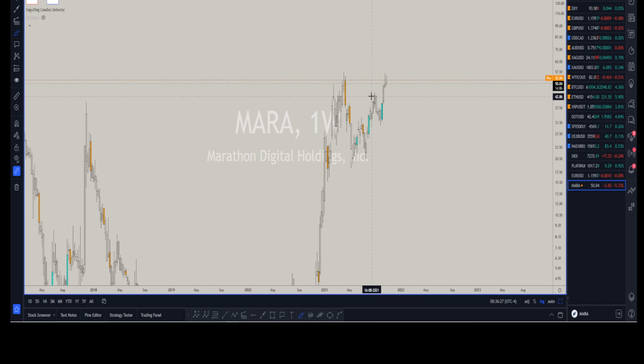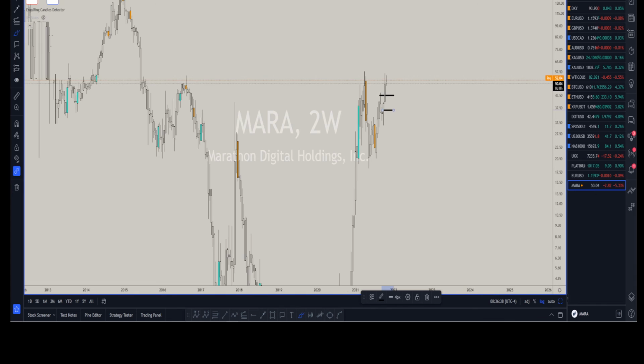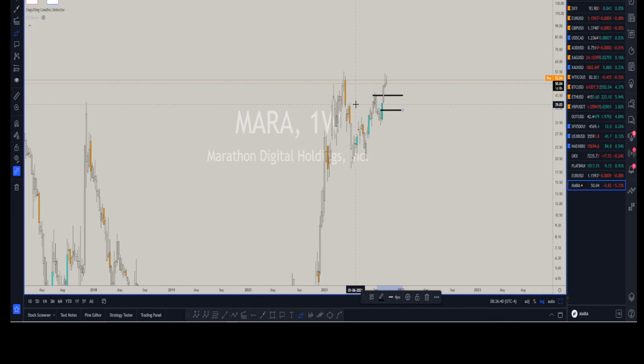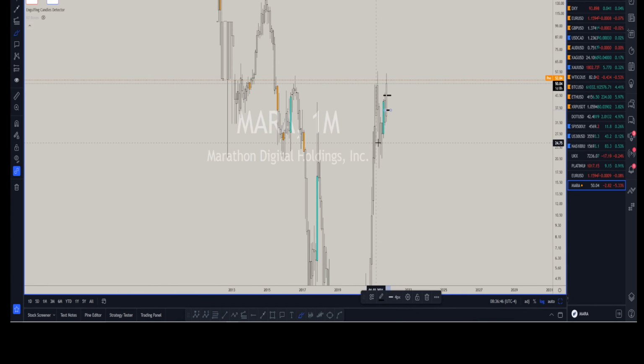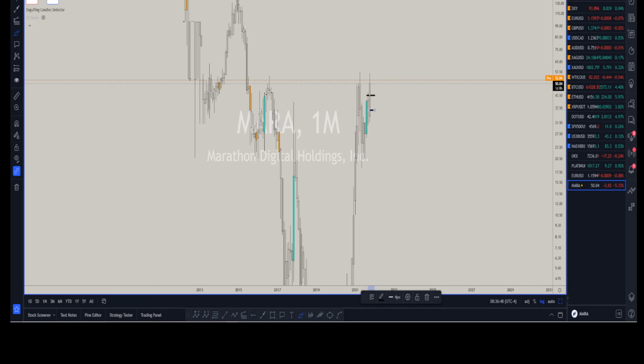I'll watch this 43.50 and 36.50. Most likely the weekly retest could play out. The monthly, it already played out.